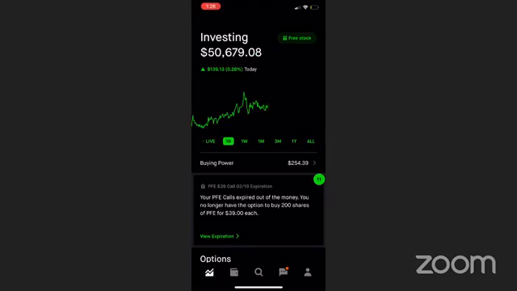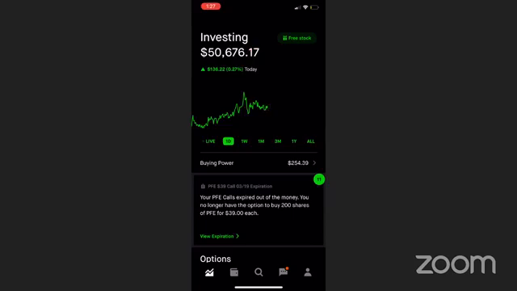If you look at the top in the gray part, it says PFE $39 call, 3/19 expiration. 3/19 was yesterday. So I had a $39 strike price on Pfizer, and those calls expired yesterday, worthless. They were out of the money. I no longer have the option to buy 200 shares of Pfizer for $39 apiece.